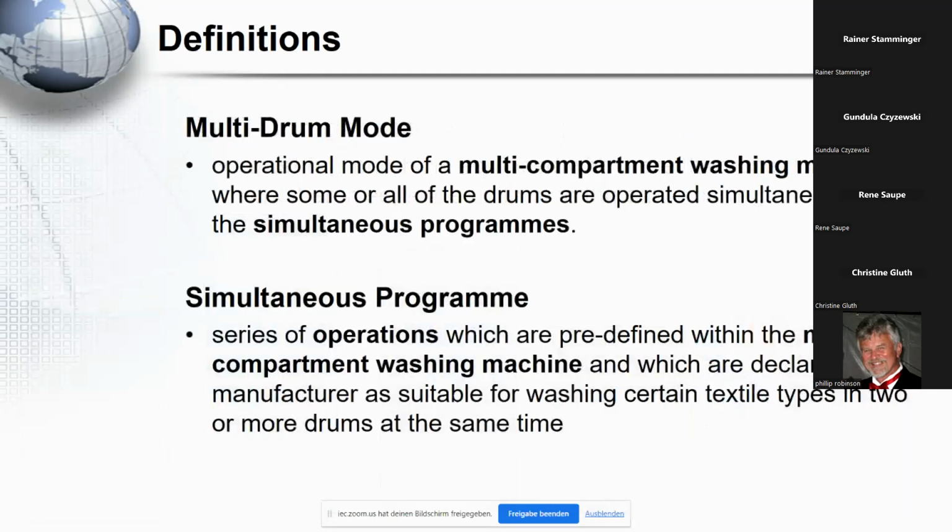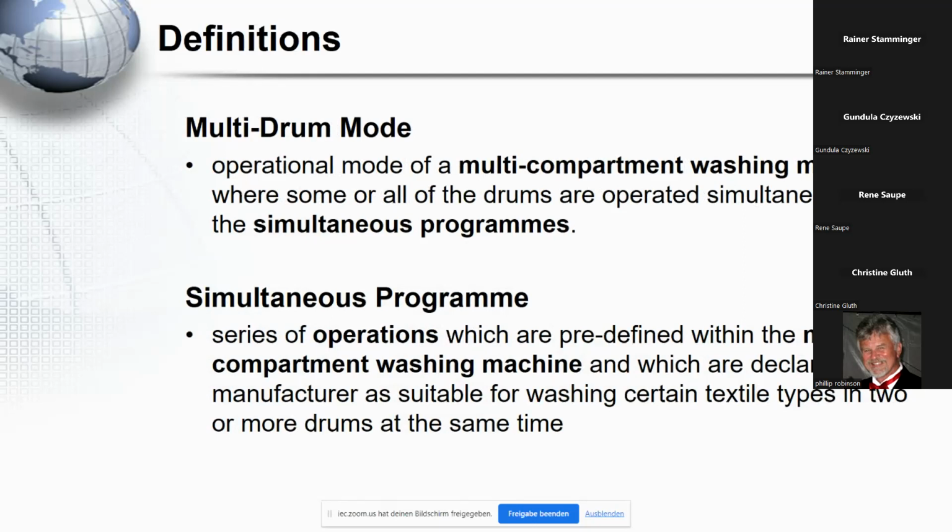So the definition of the machine is clear, but how to measure? The most important thing here is to measure the multi-drum mode. It means to measure the machine when it's doing something in several drums at the same time and not doing the one drum alone, which would mean we can stick to the measurements we know already to evaluate the machine as a single drum machine.